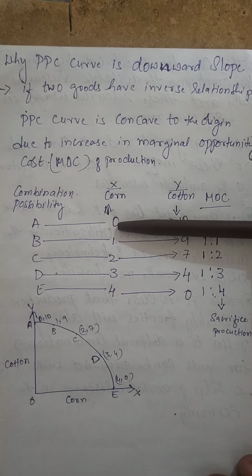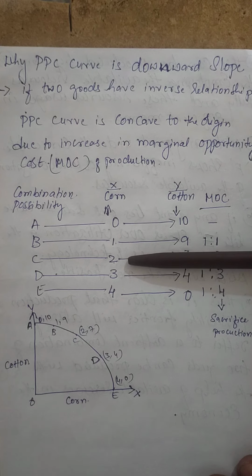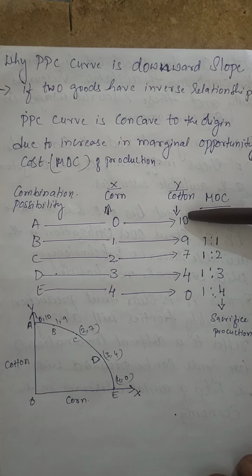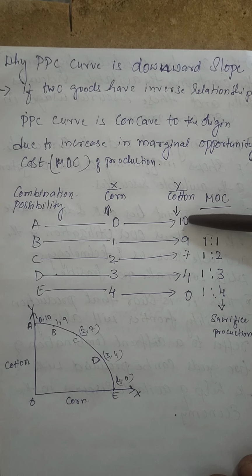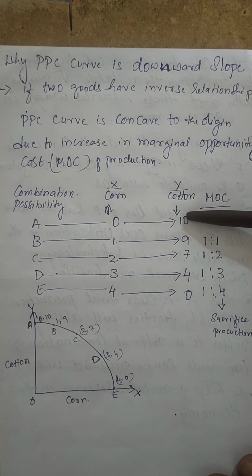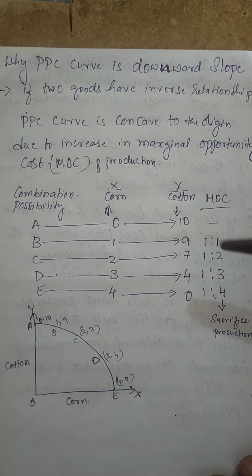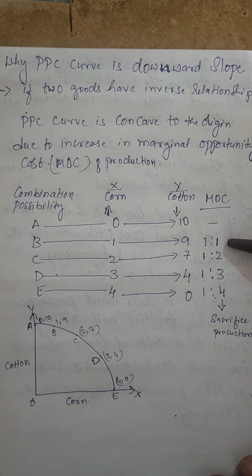Even here no production has happened, so that is the reason we are not considering it. Later, the 10 units of cotton is being sacrificed for producing the next unit, which is 1. So 10 minus 9 is 1, so the ratio is 1 to 1. So 1 unit of corn is produced, which is being sacrificed with 1 unit of cotton.